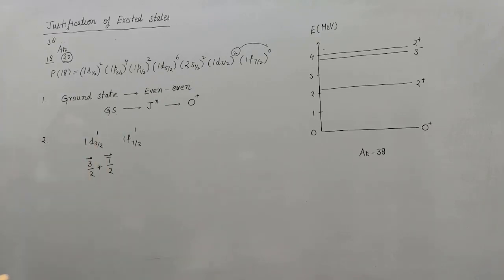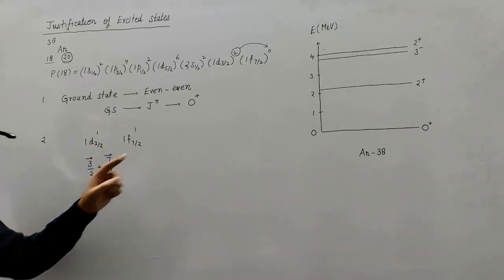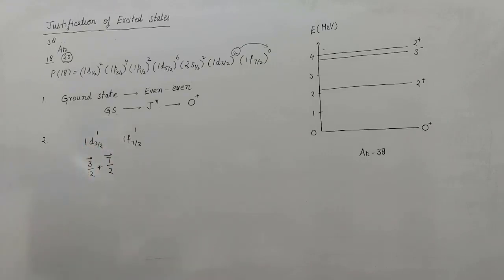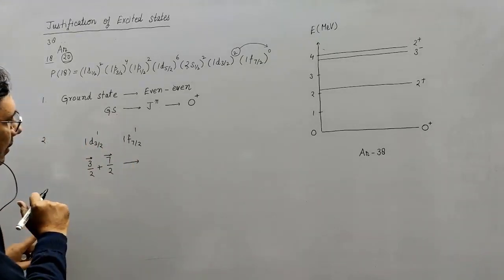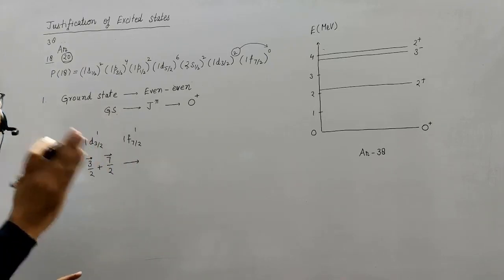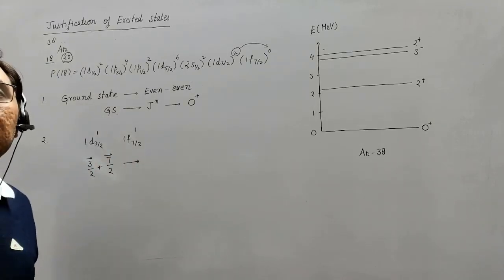Both these unpaired protons are in different subcells. One is in D, another is in 1F. So basically they are not equivalent. So what J values can we obtain from this? It will vary from J1 plus J2 to J1 minus J2.